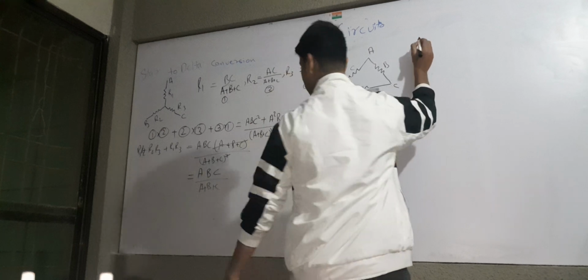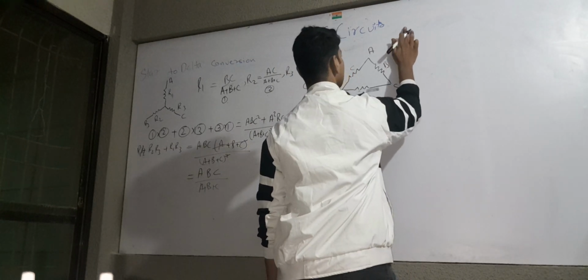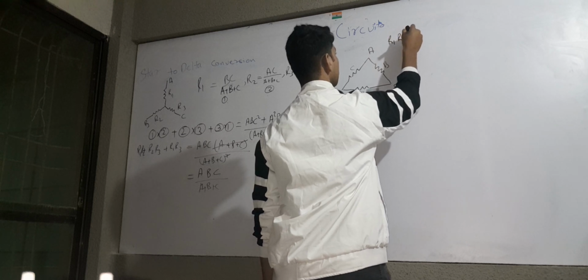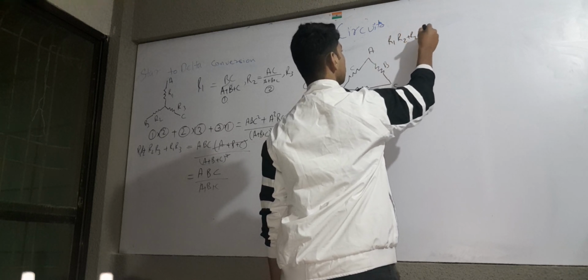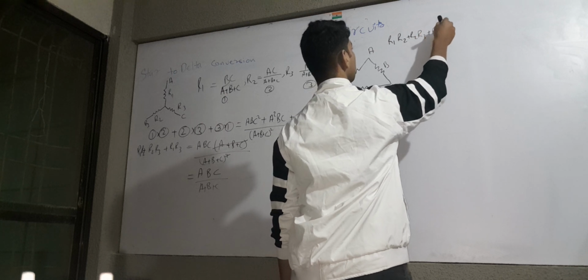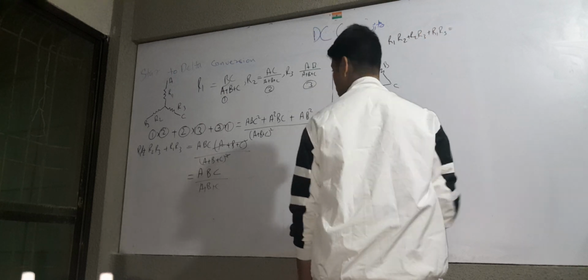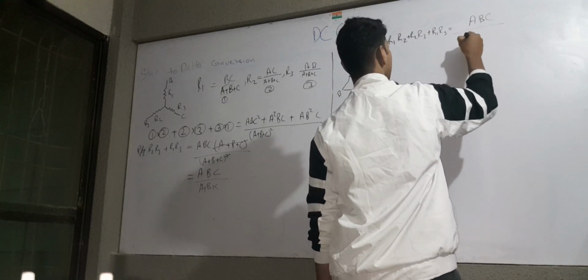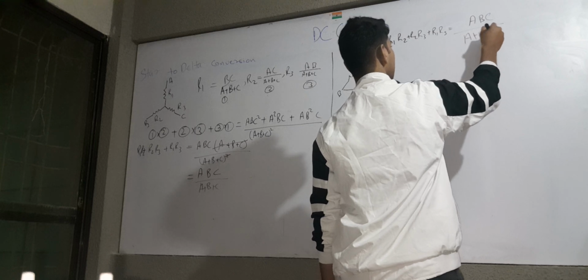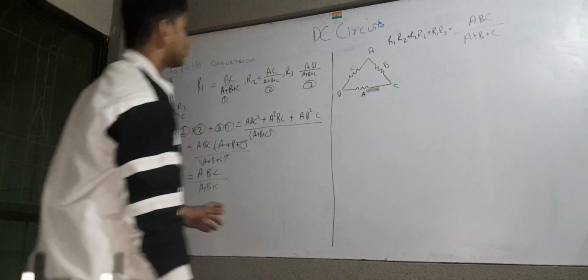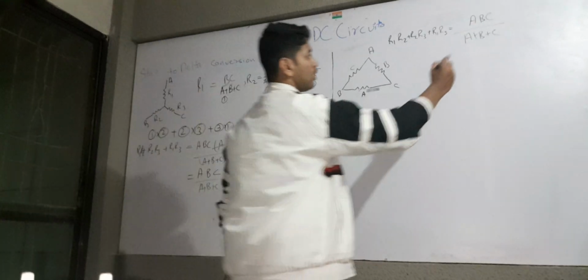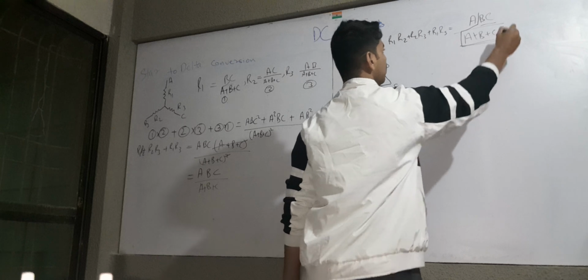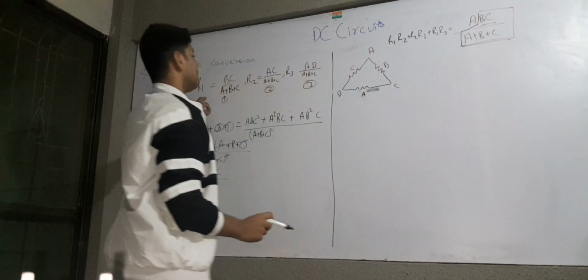Let's take it to here. This is equal to a b c divided by a plus b plus c. Now notice that this entire term is nothing but R1.